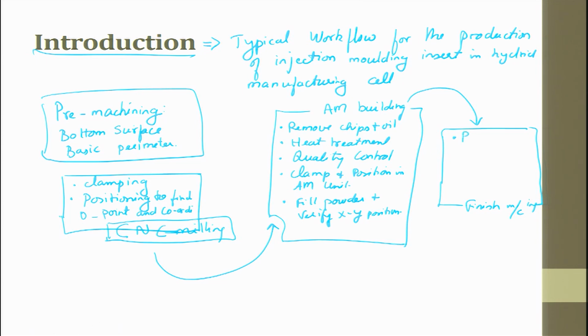So here again we rinse and remove extra powder. Then we do again, if needed, heat treatment. Then we reclamp and position in CNC to do small CNC finishing or machining, whatever it is.